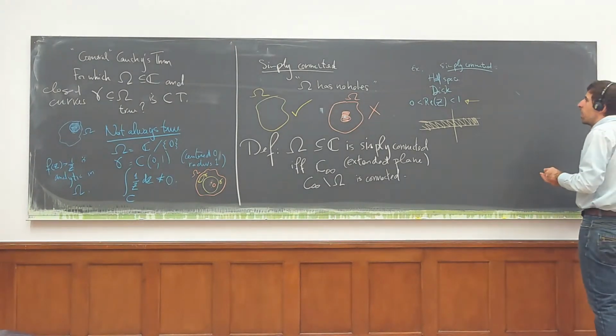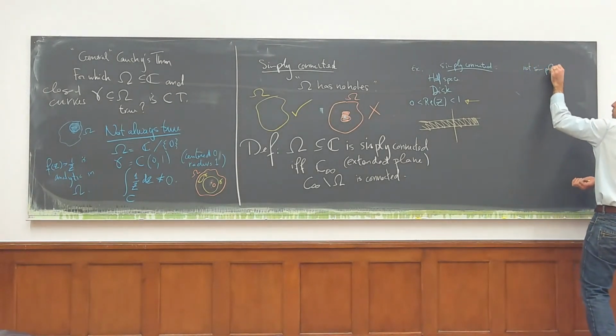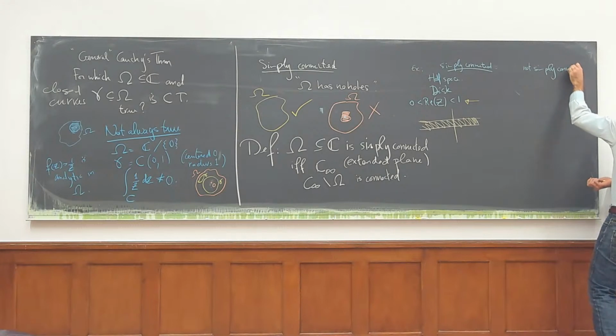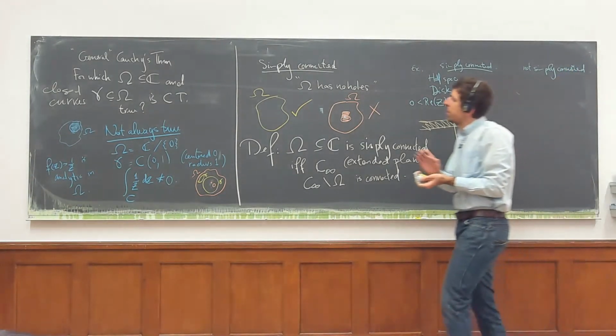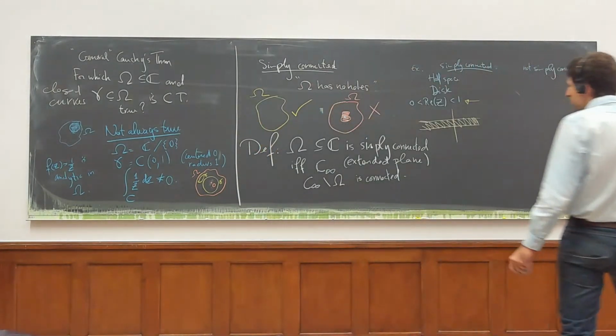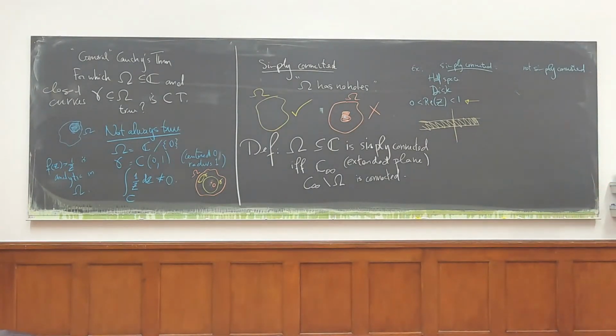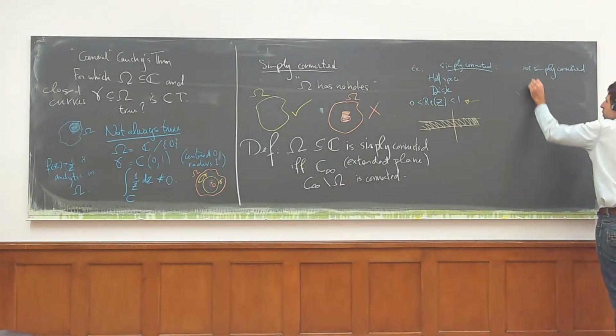Okay, so things that are not simply connected. The region omega is in C, not in C infinity, so the infinity point always belongs in the complement. Things that are not simply connected, say an annulus.